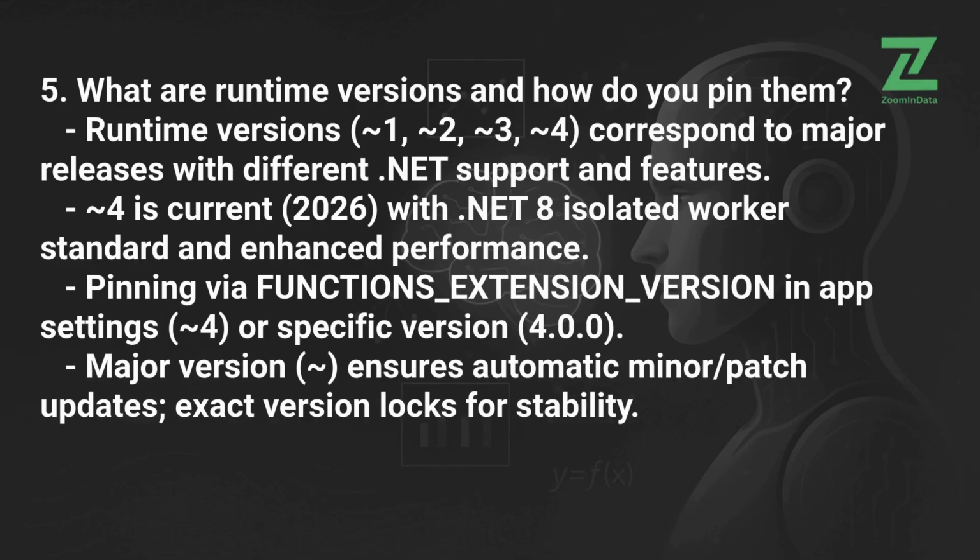Pinning is done via FUNCTIONS_EXTENSION_VERSION in app settings, either ~4 or a specific version, 4.0.0. A major version ensures automatic minor and patch updates, while exact versions lock for stability.